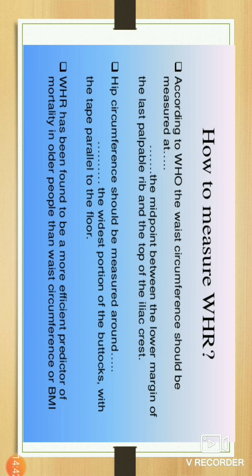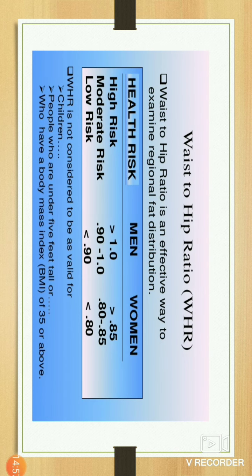WHR has been found to be a more efficient predictor of mortality in older people than waist circumference or BMI. Waist hip ratio is an effective way to examine regional fat distribution.